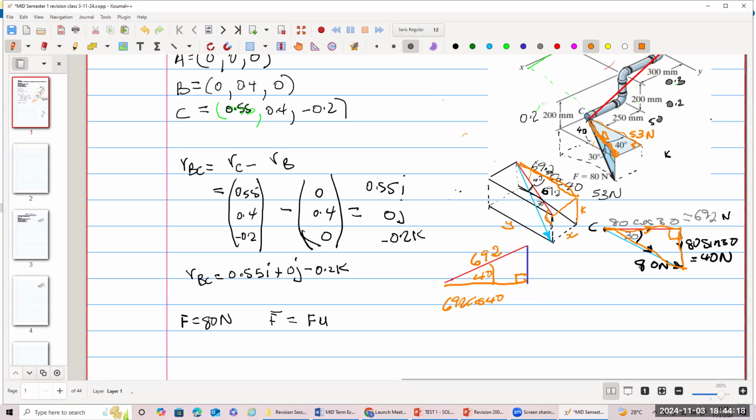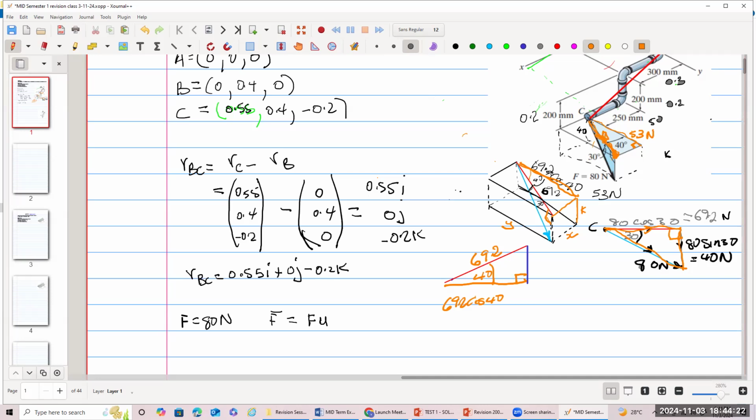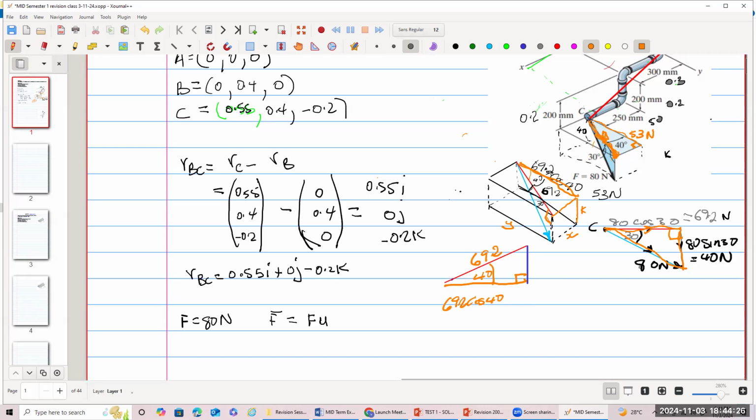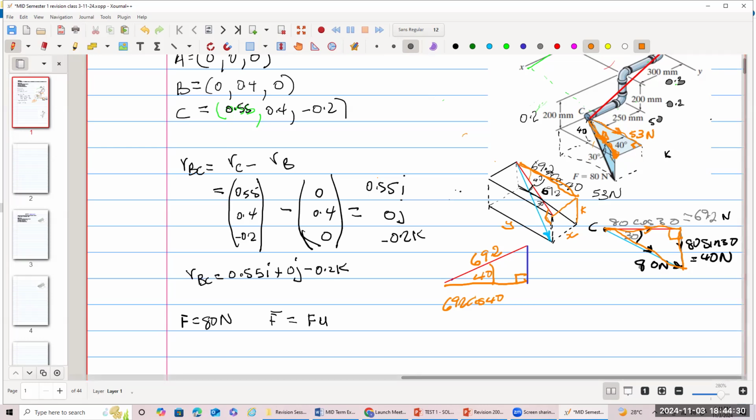Can you see where I'm marking? So it's coming down to there. That's the arrow for that one. So the component is going in the same direction, in the positive y. That's what I'm establishing. So that's the 53 positive y. So this is the y component.